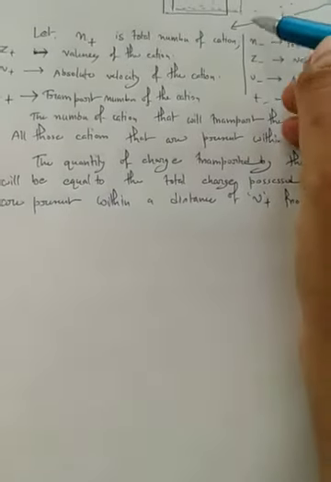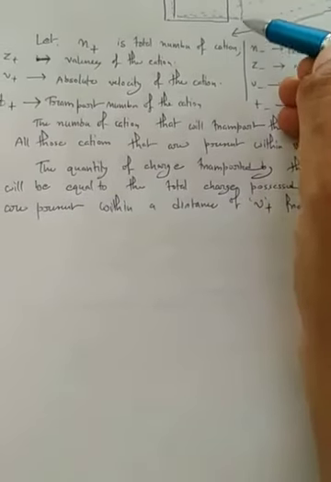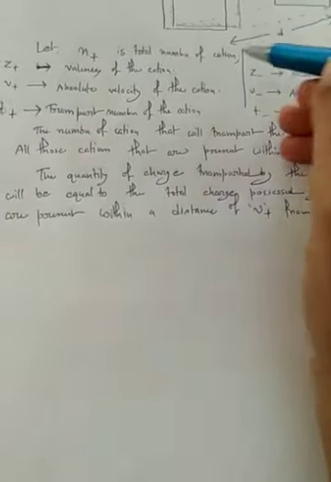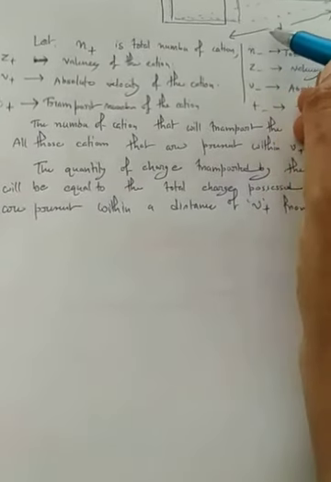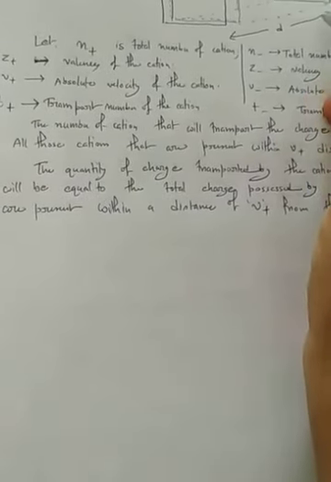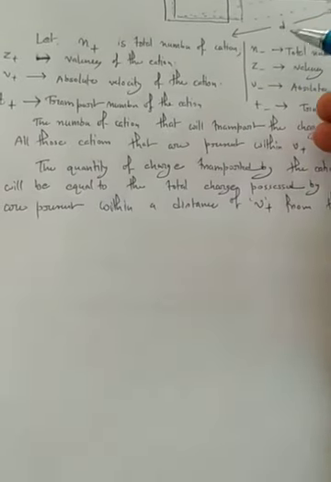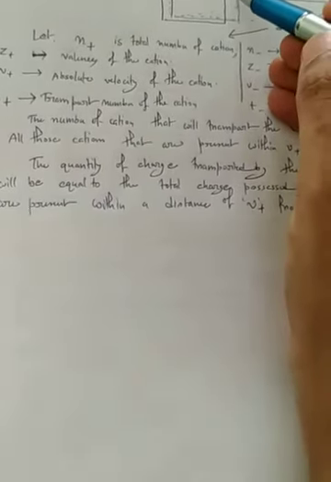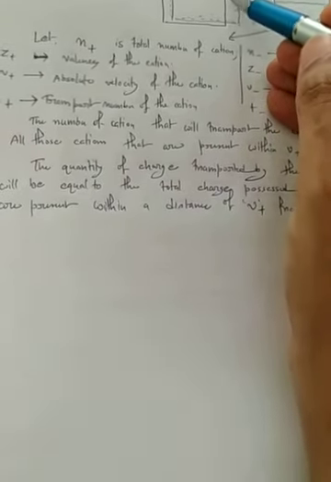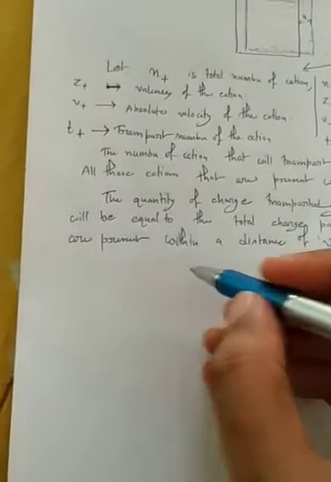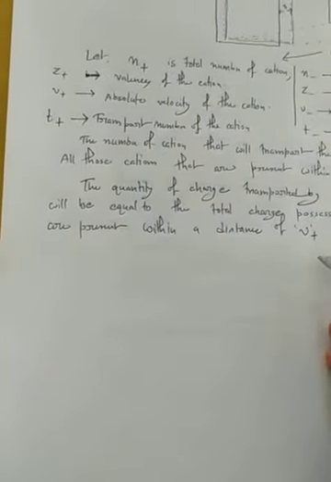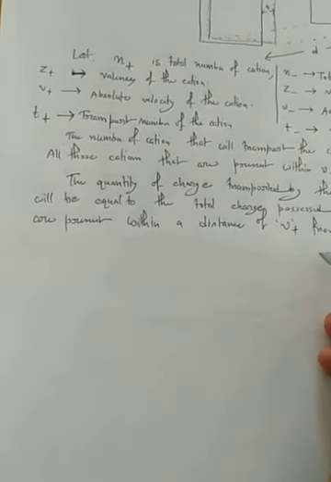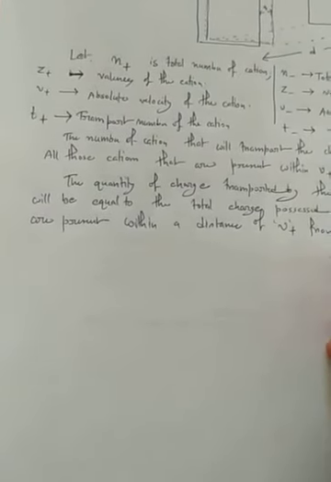So N plus number of cations is distributed throughout a distance of D. Then what should be the number of cations present within the distance of V plus from the cathode? That should be V plus divided by D into N plus.